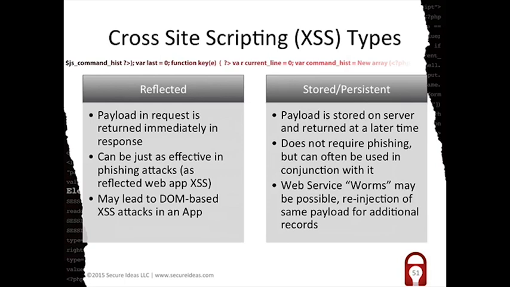Also stored, or persistent, or whatever you want to call it. Basically, you have your cross-site scripting where a payload ends up stored in a database or LDAP server or some other kind of back-end system, and then at some later point in time it ends up showing up on a page.